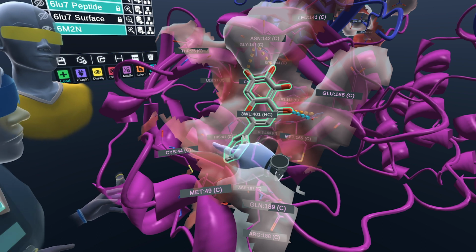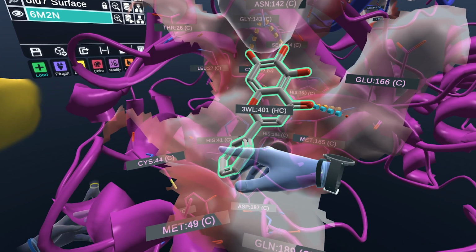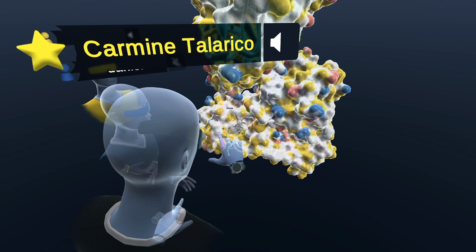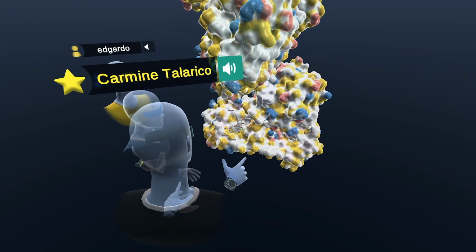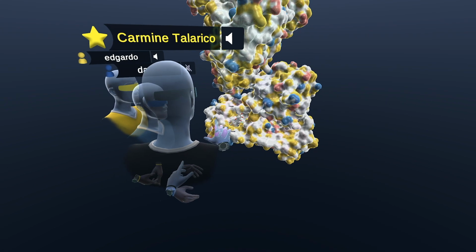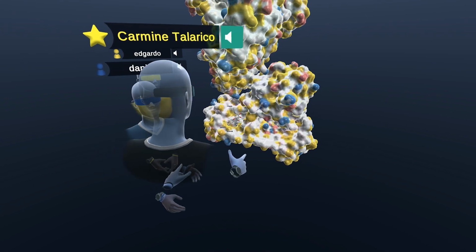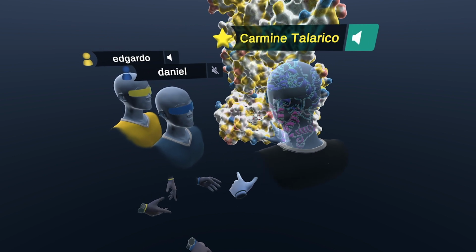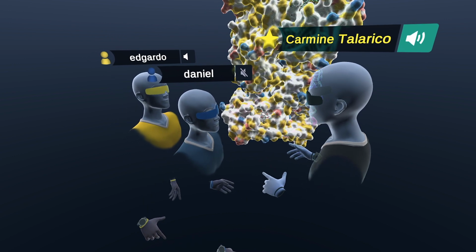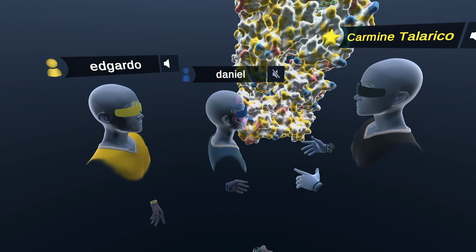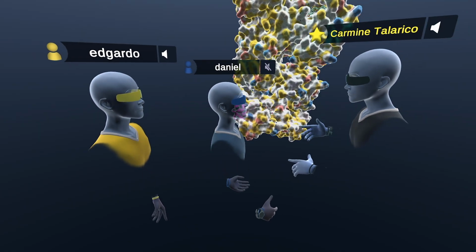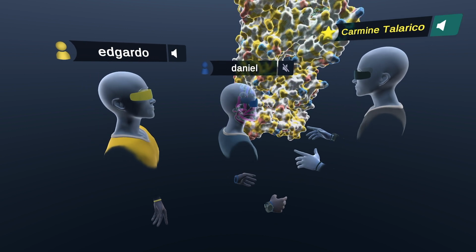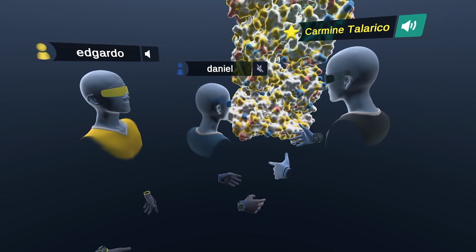From this part of the protein on this loop, the loop that contains the methionine 49, there is a hydrophobic region that can interact with the hydrophobic core of the molecule. I think that by using this virtual reality, combined with other powerful tools such as molecular dynamics simulation, we can obtain better results. I'm so curious to analyze this structure that we produced using VR technologies.